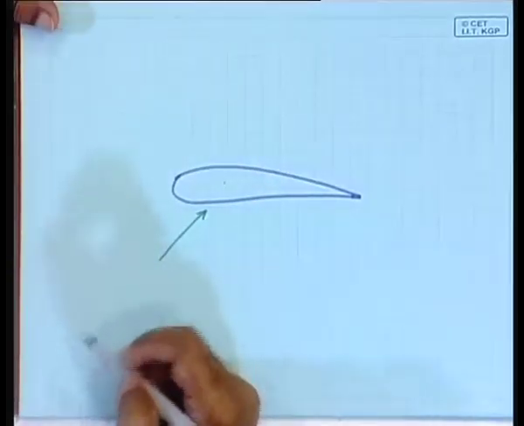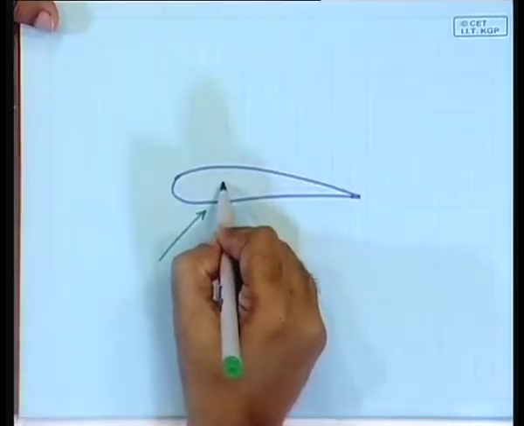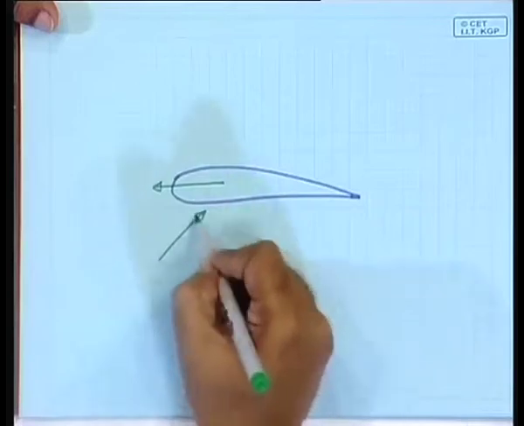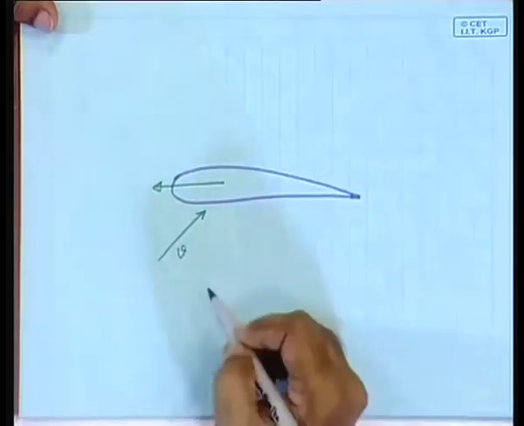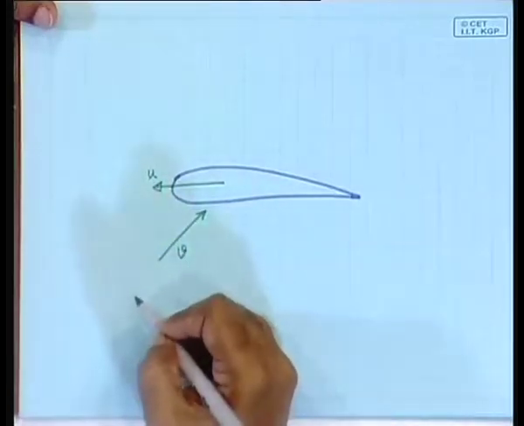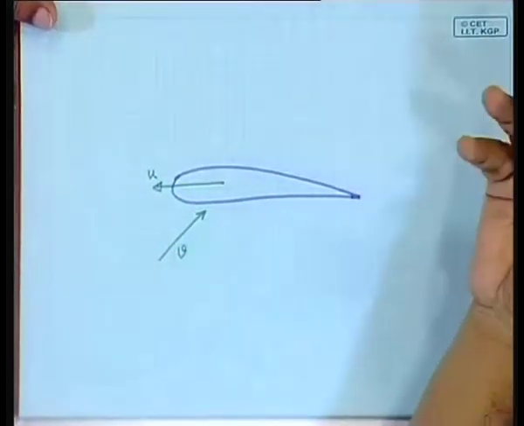So, you have its own motion this way and the wind's motion this way. In that case, how will you visualize the different forces?